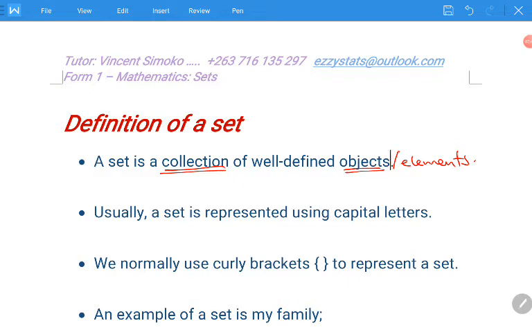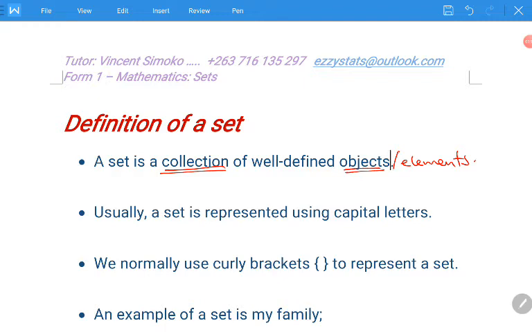So as long as we have objects that have something in common, which are well defined, they can make up a set. Usually, a set is represented using capital letters, and normally we use curly brackets to represent a set.